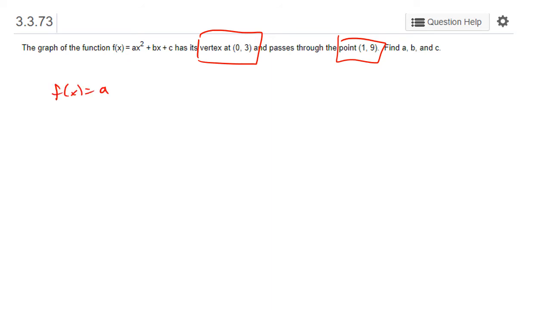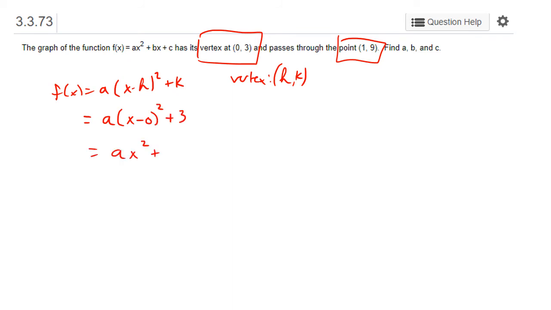f of x is a times x minus h squared plus k, where the vertex is h comma k. So using the first coordinate of the vertex is 0 and the second is 3, we get a times x minus 0 squared plus 3, ax squared plus 3.